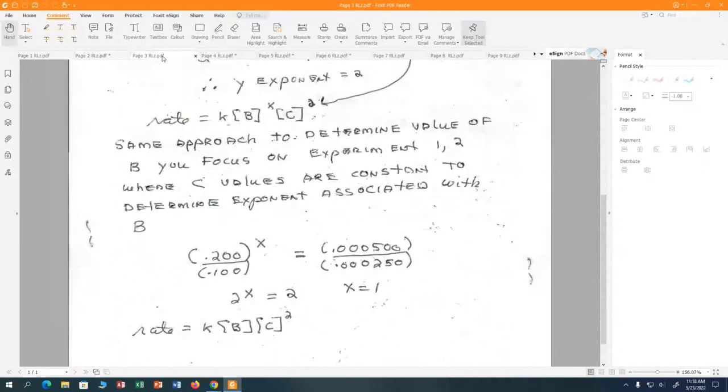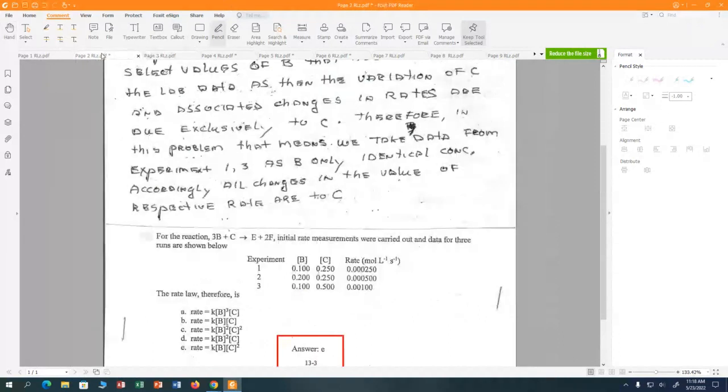Then we have the same situation where we have the larger number on top, and we get 2 to the x is equal to 2. Well, the only value of x which will make that true is 1. So the rate equation is k times b times c squared. If we go back to our original answer, that is E.